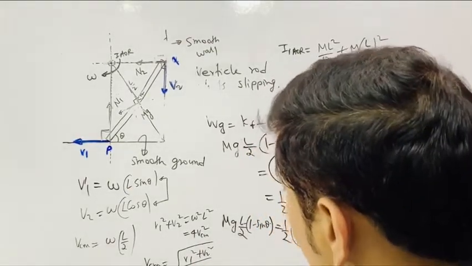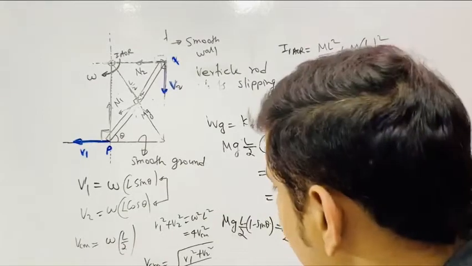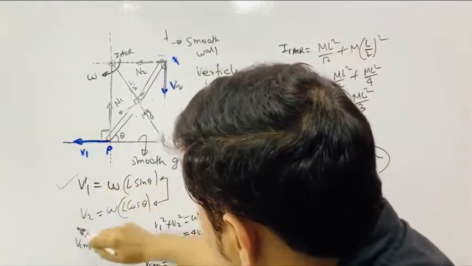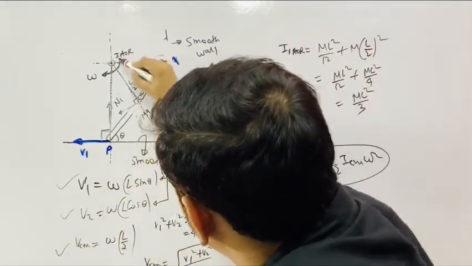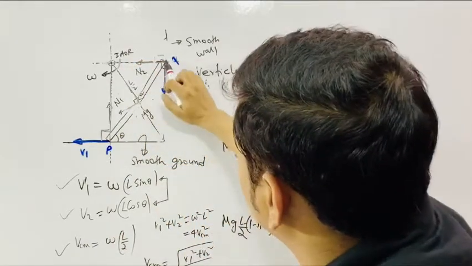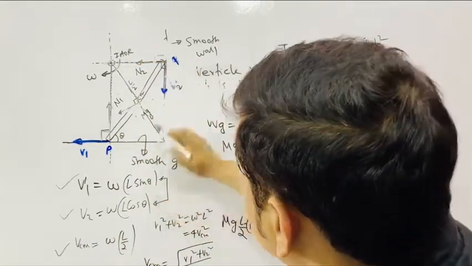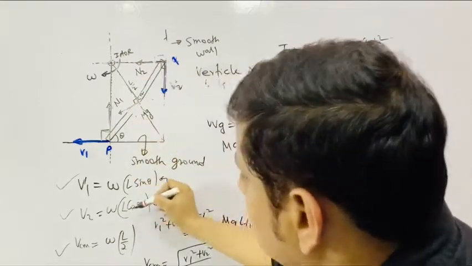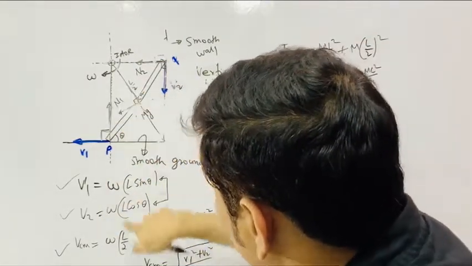Getting? See, there we have three equations. Omega into L cos theta is V2, omega into L sin theta is V1, and VCM is equal to omega into L by 2.